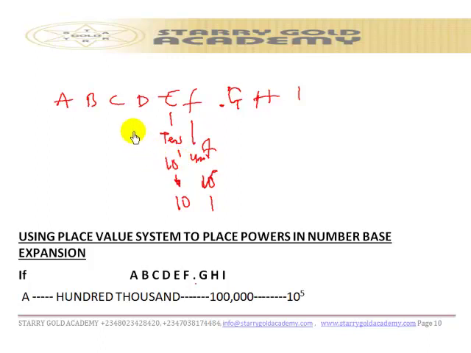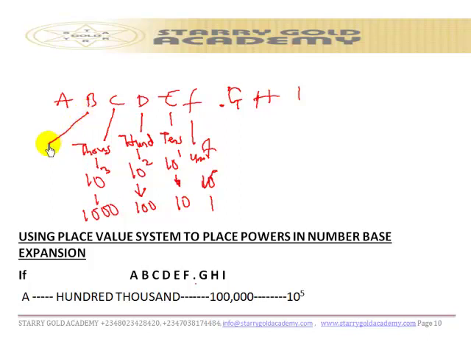My D is my hundreds. My 100 is 10 raised power 2, and that's 100. C here is my 1000. A 1000 is 10 raised to 3, and that's 1000.